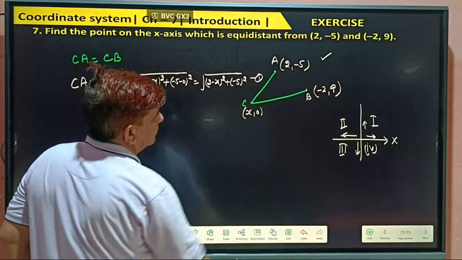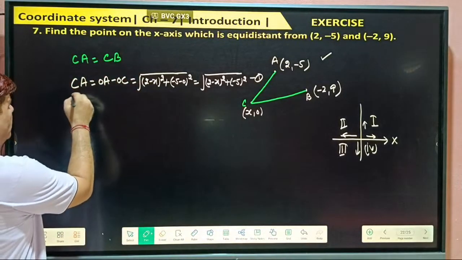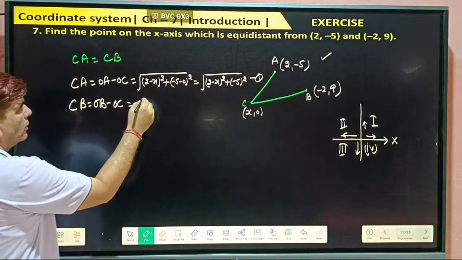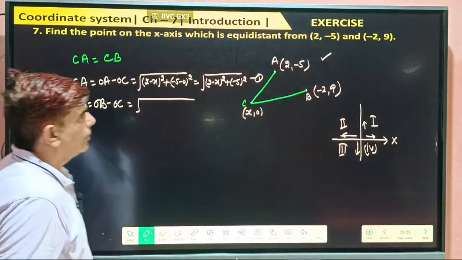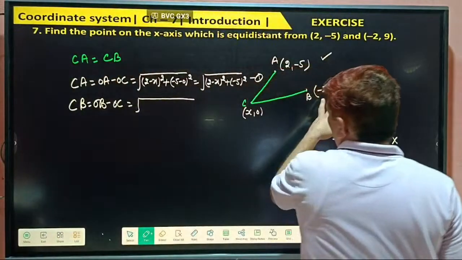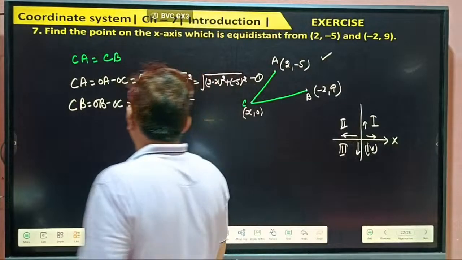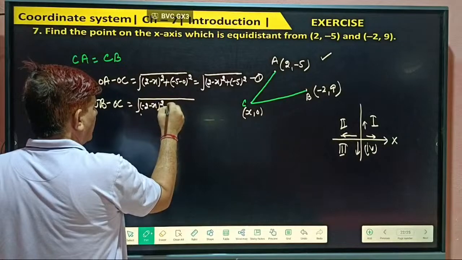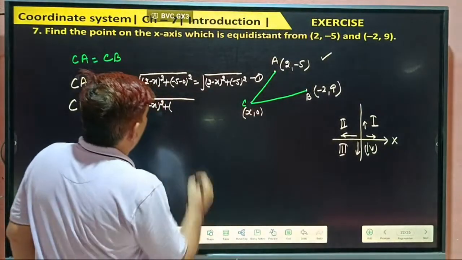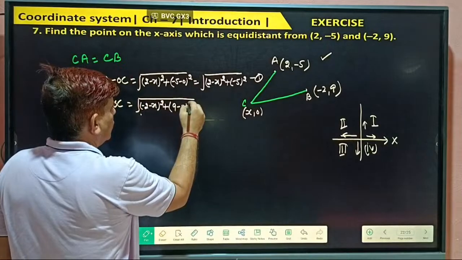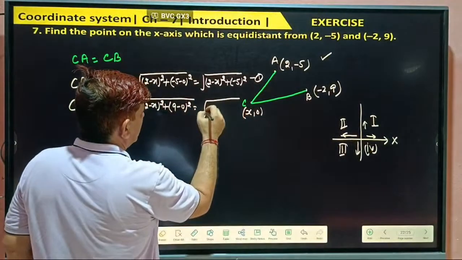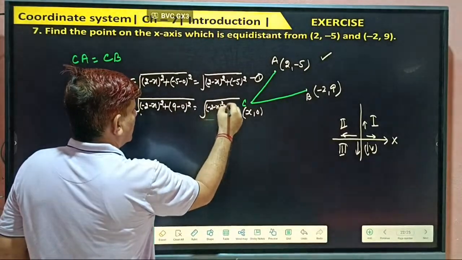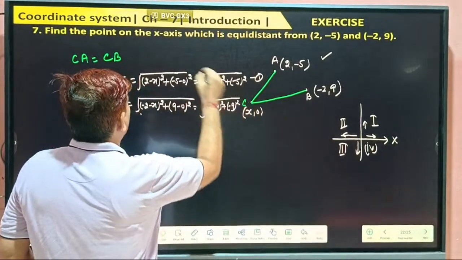This is your first. Now we can find CB. B is (-2, 9), so CB is the square root of (-2 minus x) whole square plus (9 minus 0) whole square, which we can write as (-2 minus x) whole square plus (-9) whole square.